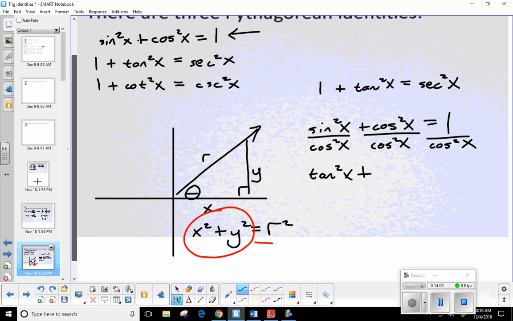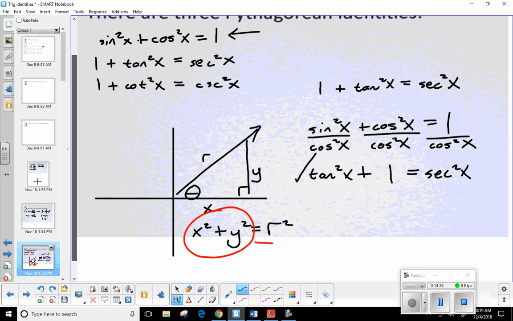Plus cosine squared over cosine squared, 1, equals. Now, one of the first things we looked at was the reciprocal identity. So what trig function equals 1 over cosine? Secant. So 1 over cosine squared would equal secant squared. And that was the rule that I was trying to prove. And we know that's correct because I'd already proven sine squared plus cosine squared equals 1.